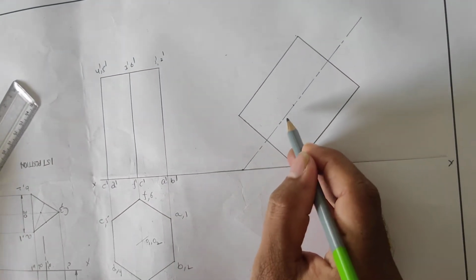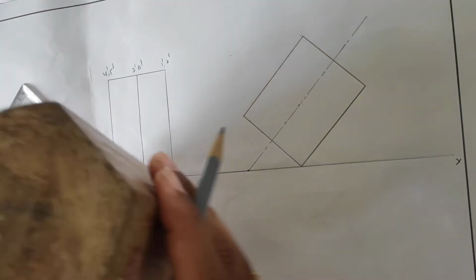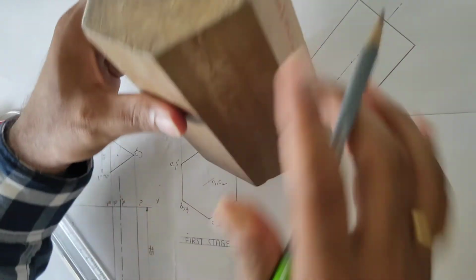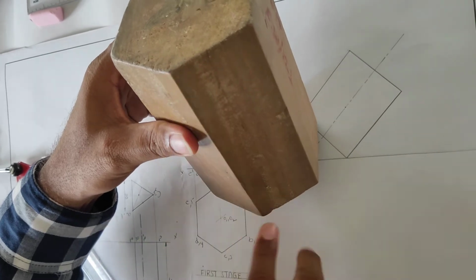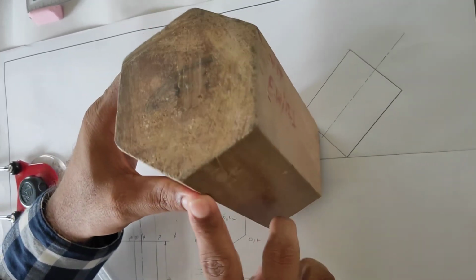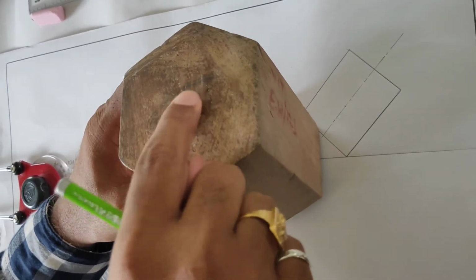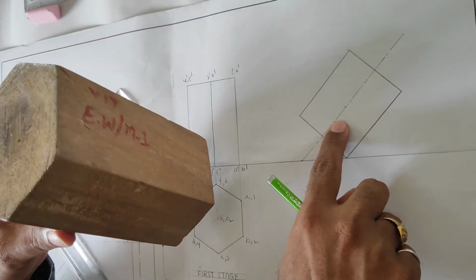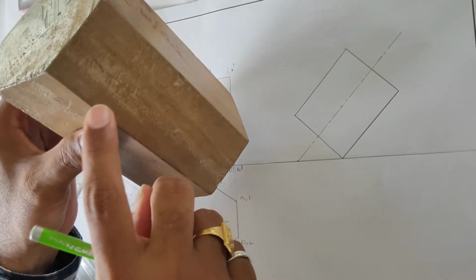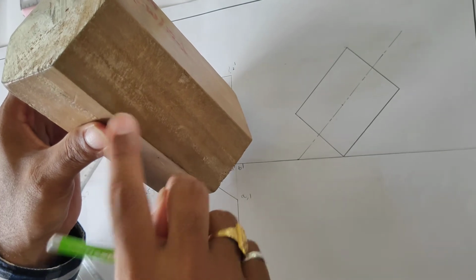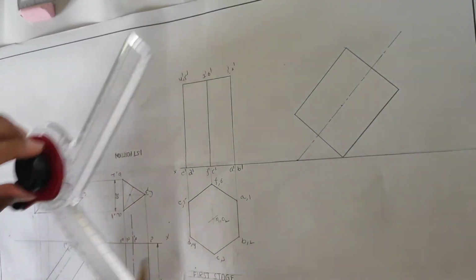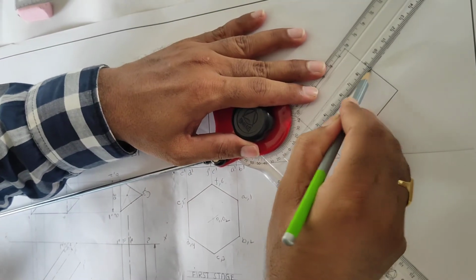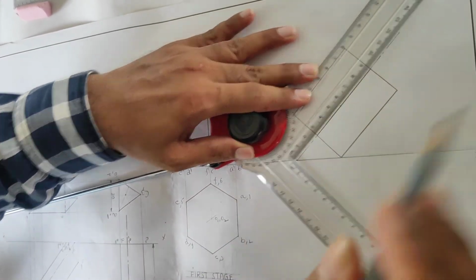Actually it is an axis, and here the axis will come, but in the prism, see, this is one of the edges, and another edge is a straight edge which overcomes the center line. So we can't represent the center line here; the real line overcomes the axis line, so I am representing it as a visible edge.